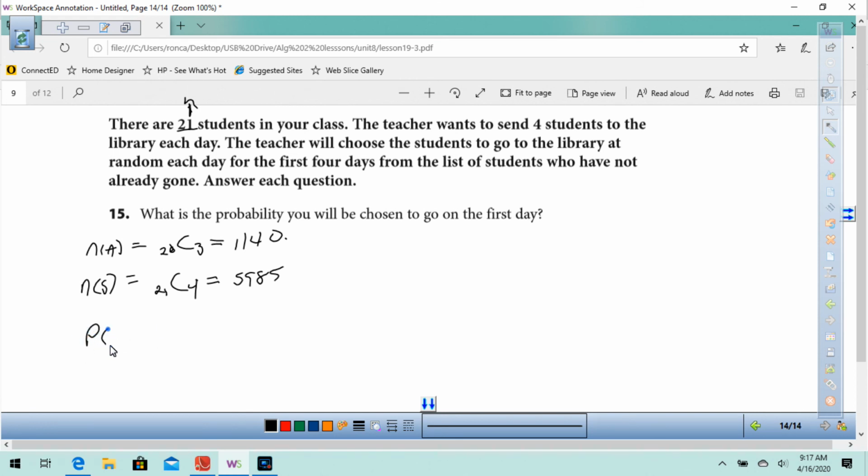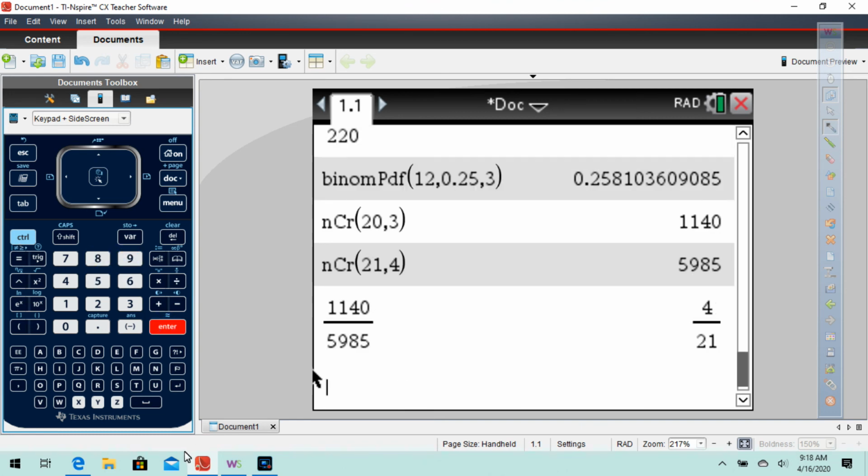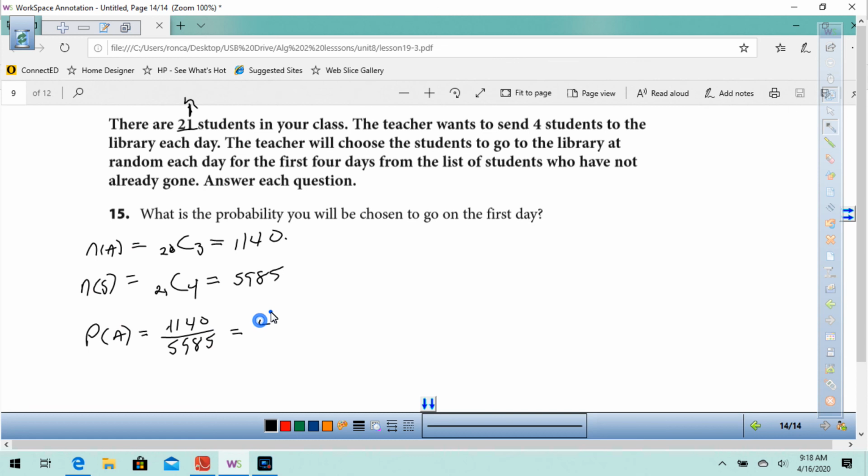So the probability of you going would be 1140 over 5985. That's 4 over 21. Huh. All right, good.